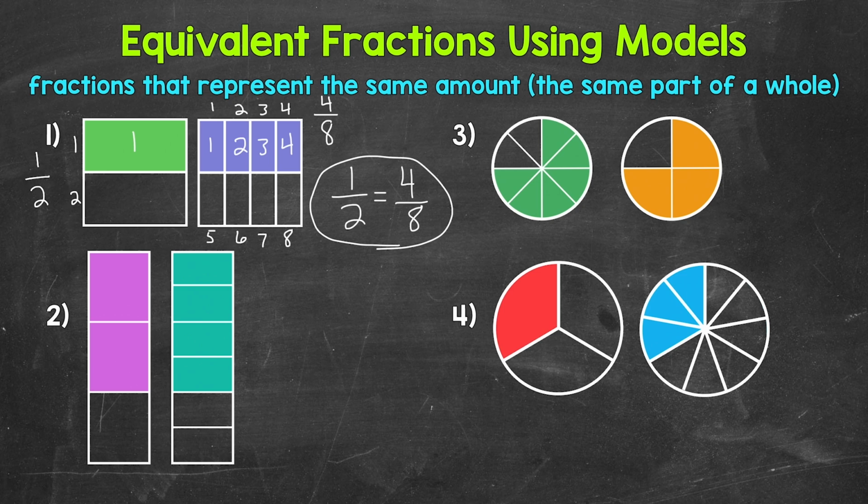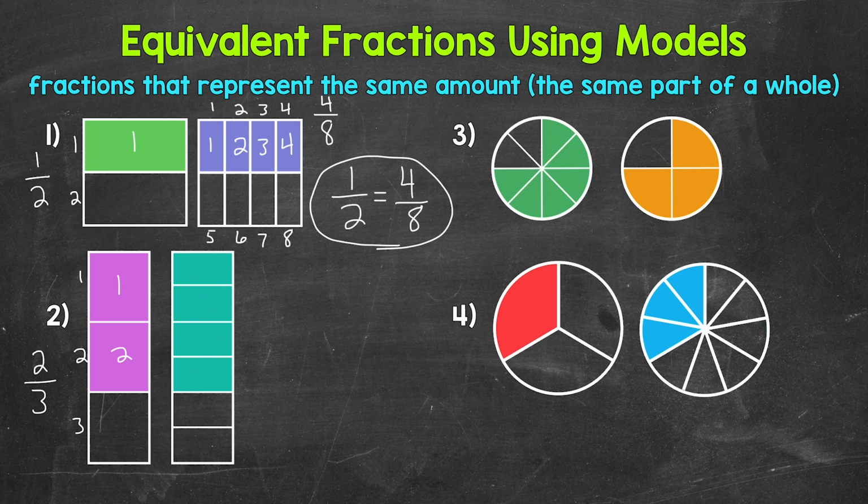It's been divided into 1, 2, 3 equal parts. So 3 is our denominator. And then 1, 2 parts are shaded in. So 2 is our numerator. 2/3 of that rectangle is shaded. So that rectangle is representing 2/3.